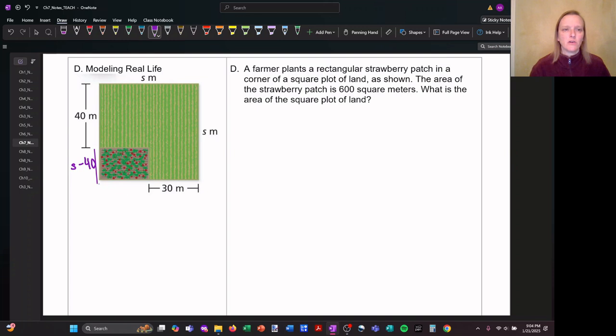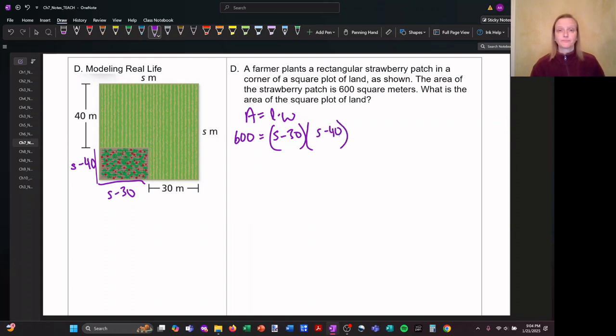And then over here on this side, we have S minus 30. So my strawberry patch area is length times width, but my area is 600 square meters, and the length was S minus 30, and the width was S minus 40.